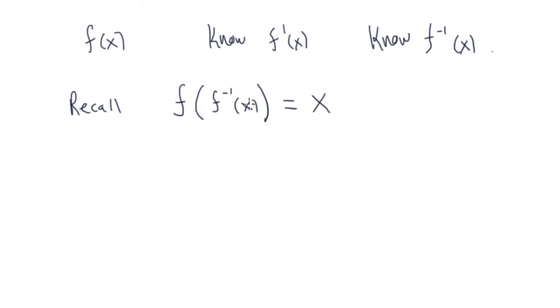Okay, so f of f inverse of x is just x. But this is an equation relating f and f inverse. So using implicit differentiation, we can actually relate their rates of change, or their derivatives. So what I want to do is implicitly differentiate this equation. So we're going to apply implicit differentiation.